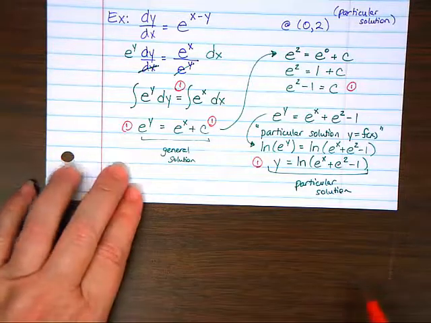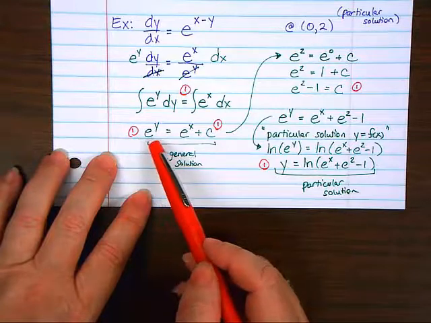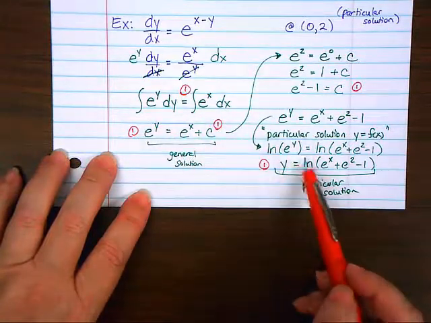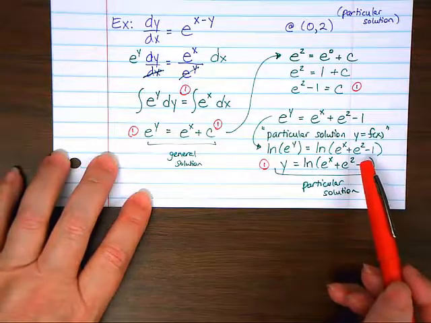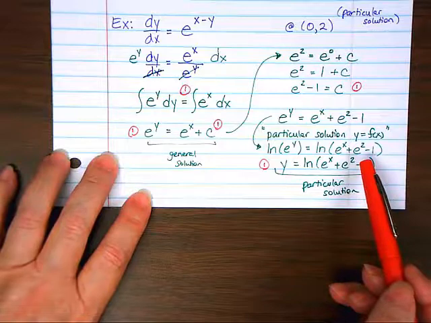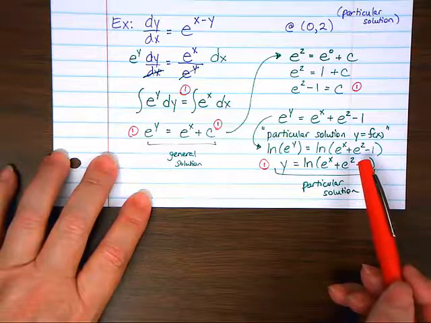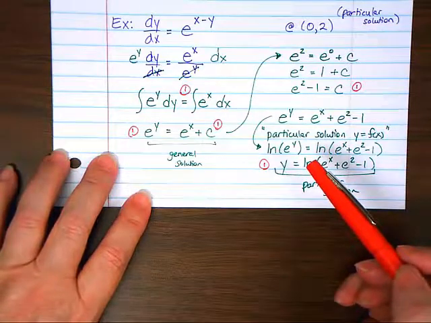Now, let me say one more thing, because I really want this to be recorded. If you solved for c after you ln'd both sides, your c would look a little bit different. Let's say you and a friend were working on this problem together.